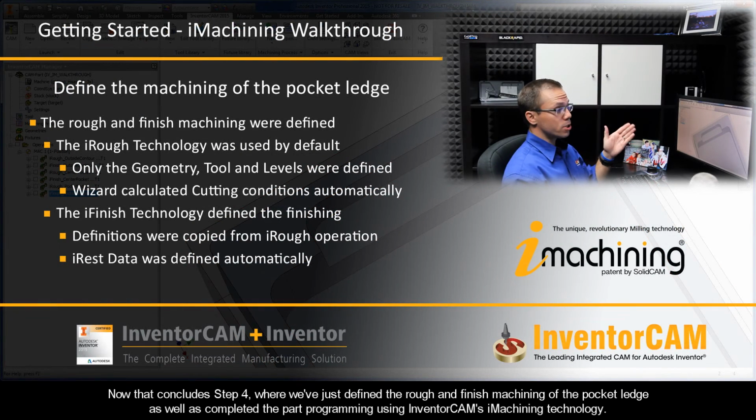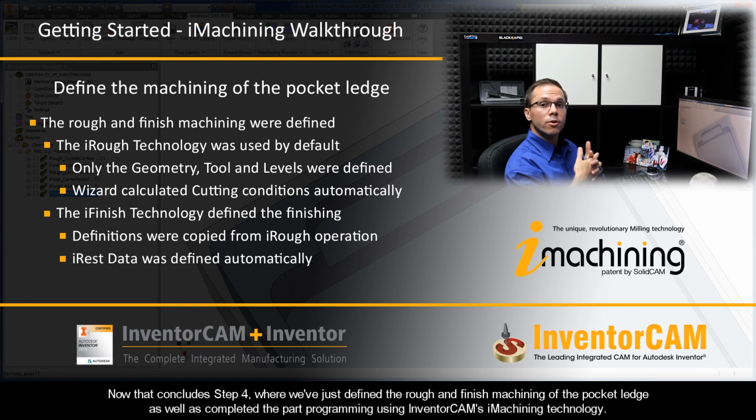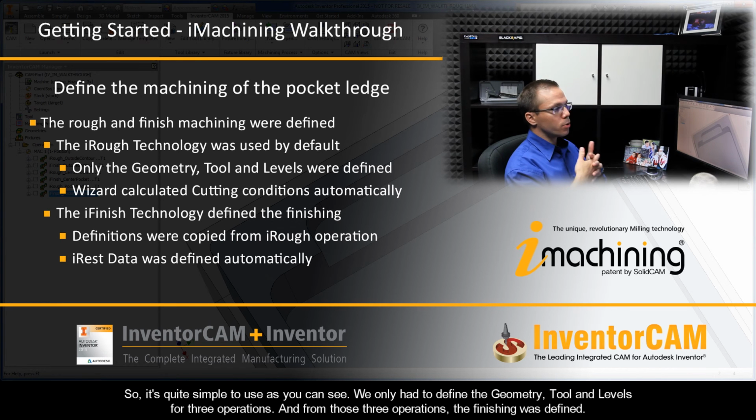Now that concludes step 4, where we've just defined the rough and finish machining of the pocket ledge, as well as completed the part programming using InventorCAM's iMachining technology. So it's quite simple to use, as you can see. We only had to define the geometry, the tool, and the milling levels for 3 operations.